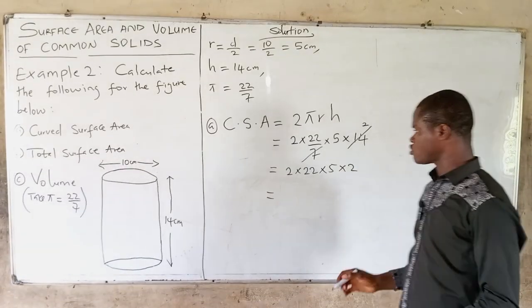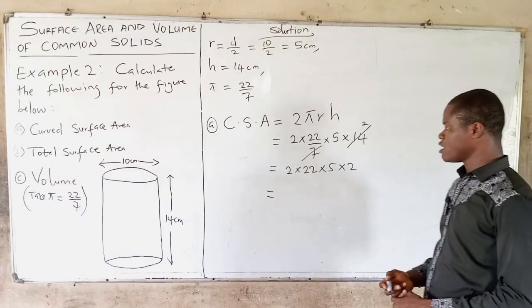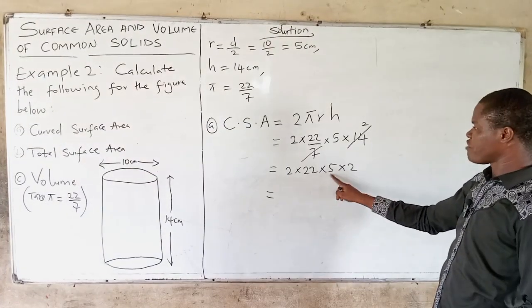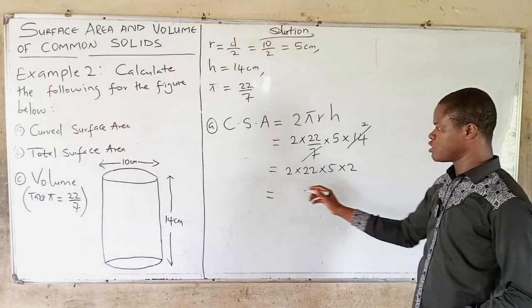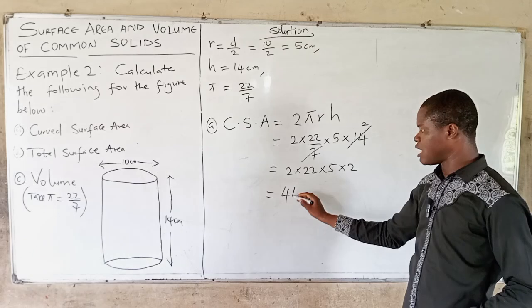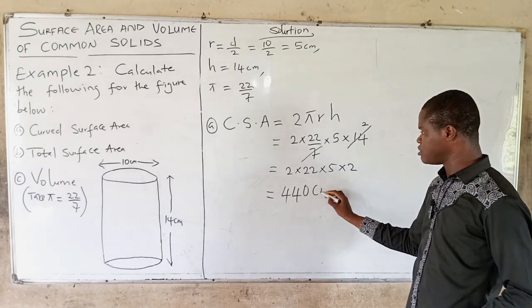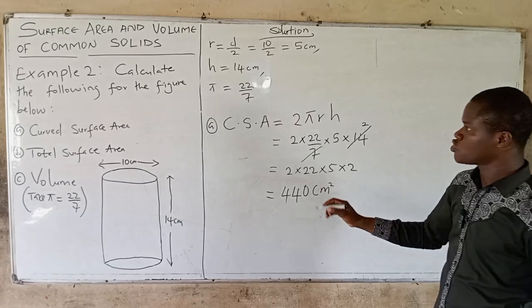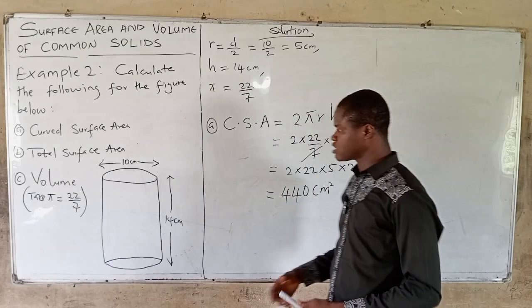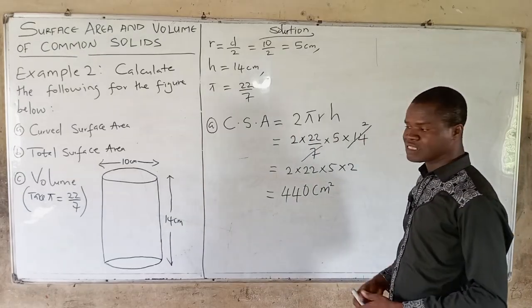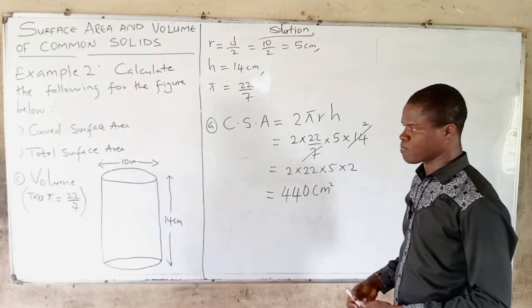So this will give us 2 times 22 is 44. 5 times 2 is 10. So 44 times 10 will give us 440 centimeter square. So the curved surface area of this figure is 440 centimeter square.